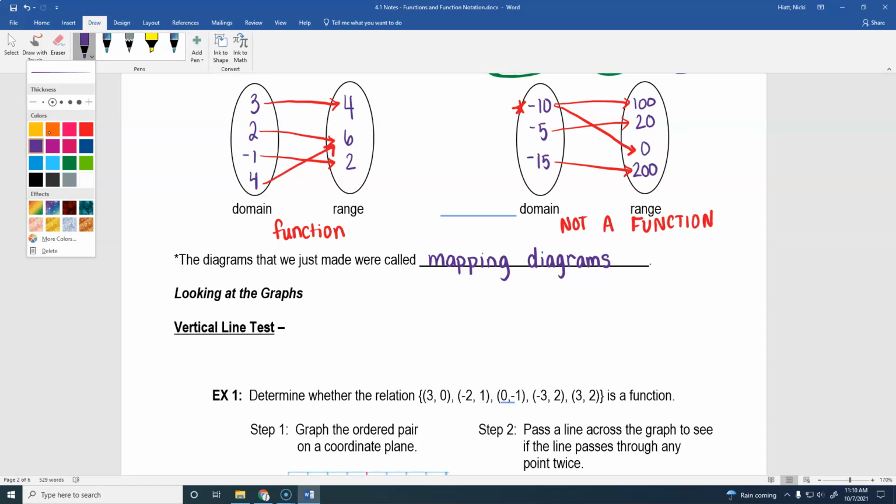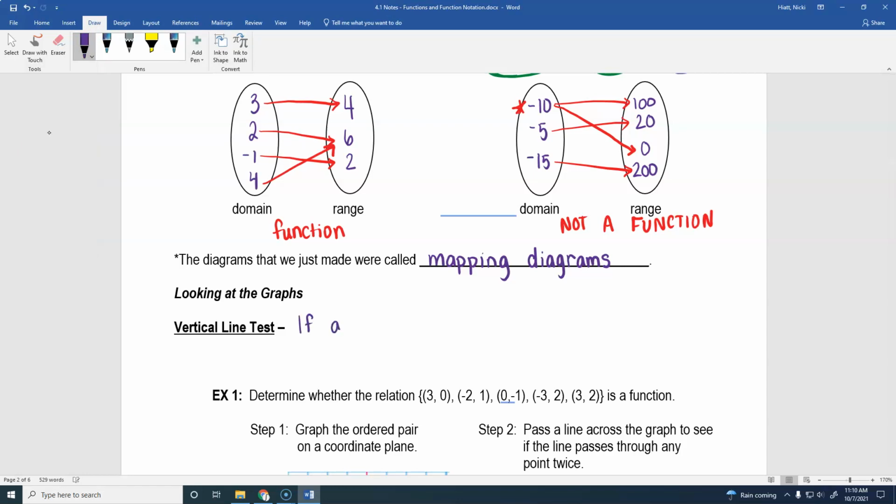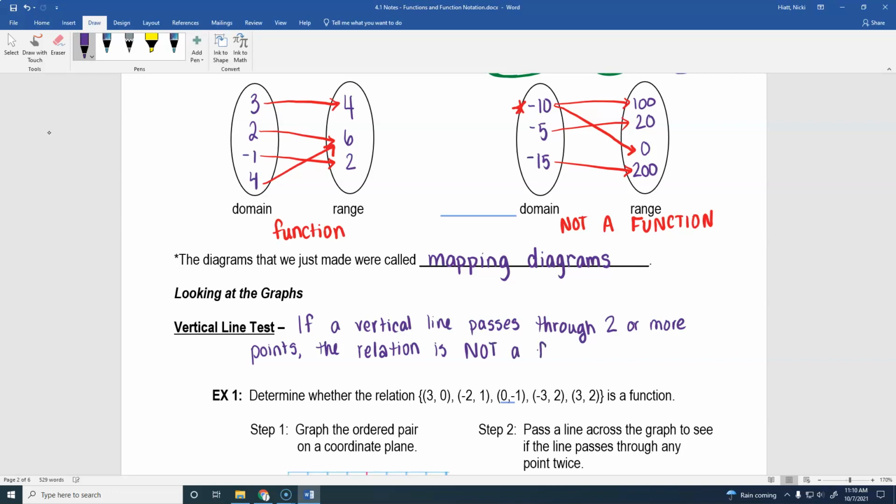So the vertical line test tells us if a vertical line passes through two or more points, the relation is not a function.